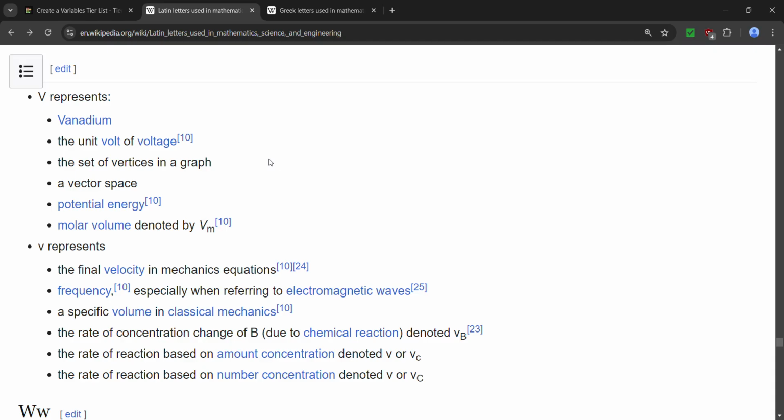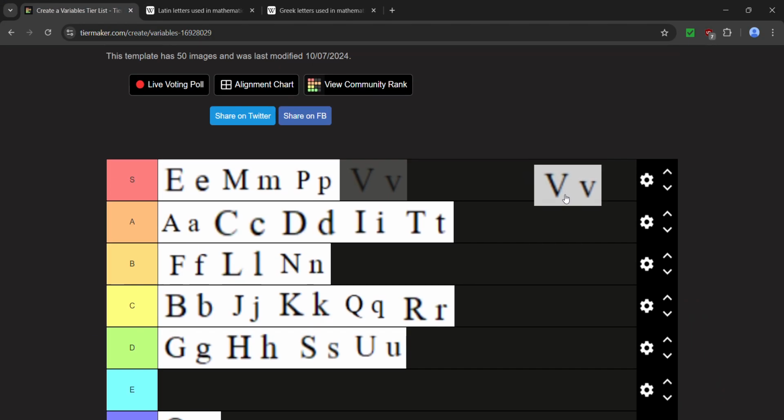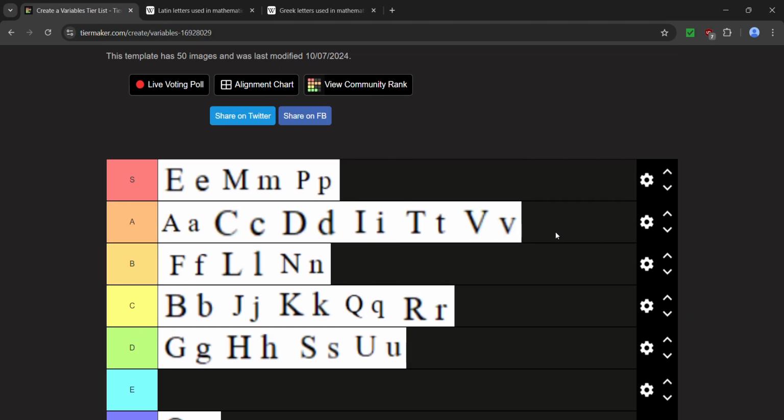I've never really heard of a good use of vanadium. I may be completely wrong about that, but I'm just not seeing anything too great besides velocity and volume. And if I put T in A tier, then I'm also gonna have to put V in A tier. I'm sorry, but really not blowing me away with that.